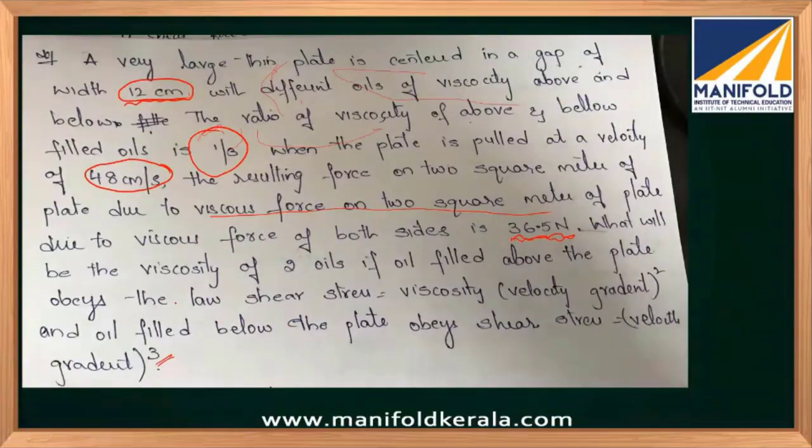What will be the viscosity of two oils? He is asking you the viscosity mu1 and mu2 when one is obeying shear stress is equal to viscosity into velocity gradient square, one is viscosity into gradient cube. Once patiently read the question, a very simple question but a longer question. I'll give you the solution. It is a very easy one.